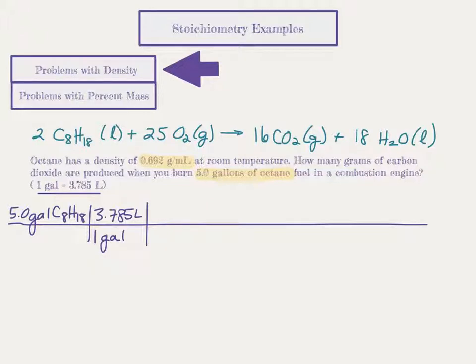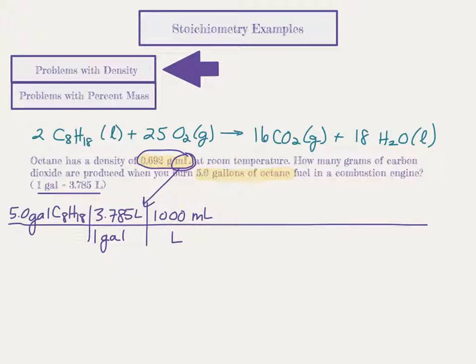Supposedly that'll get me one step closer to grams or moles, but I'm going to need to brainstorm a little bit more. My density amount, 0.692 grams per milliliter, has milliliters in it. Those are related to liters in some way. You can say that 1 liter has 1,000 milliliters in it.